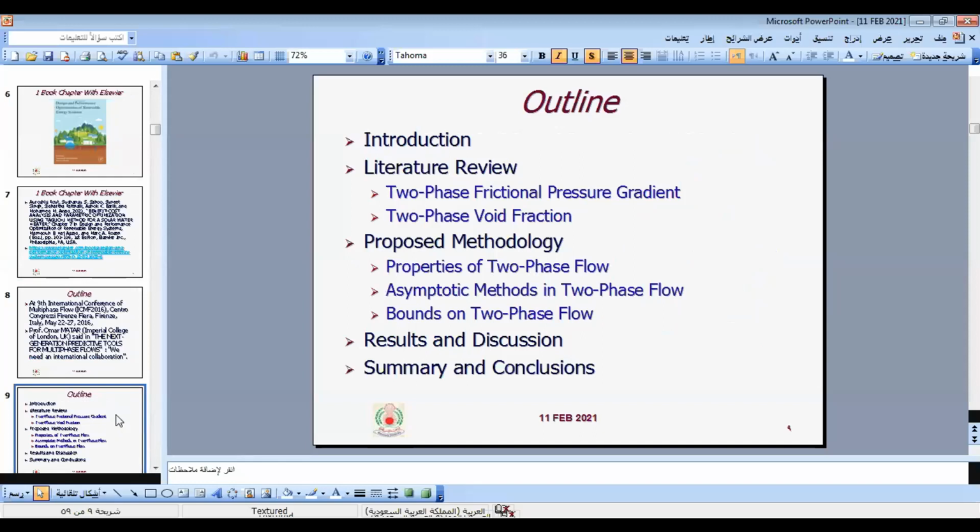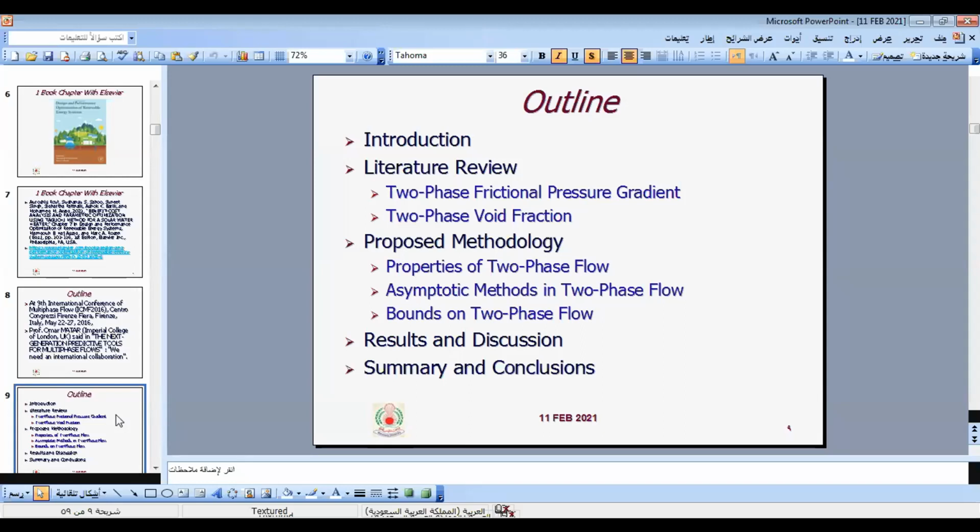Today, this is the outline of my talk. I will give a brief introduction about two-phase flow applications, the different components of total pressure drop, and the different models that we use. Then I will give a short review of models of two-phase frictional pressure gradient and two-phase void fraction, because we need void fraction to calculate the acceleration component in boiling and condensation processes. During my talk, I will give 3 different methodologies to predict the frictional pressure gradient in refrigeration and air conditioning systems.